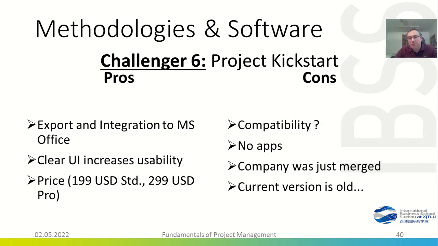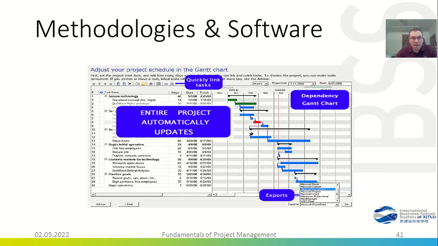And at the time when I compiled this slide, the company had just been acquired. There were no apps, and the current version of the software was relatively old. This is a screenshot that I got from the sales page. And as I said, all these Gantt charts look essentially the same.